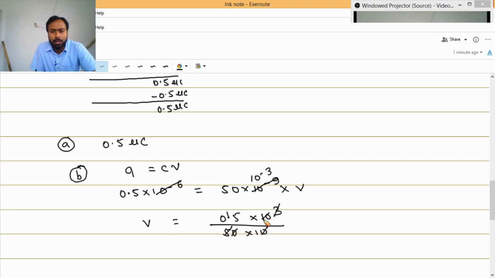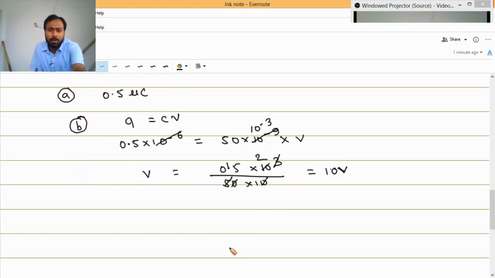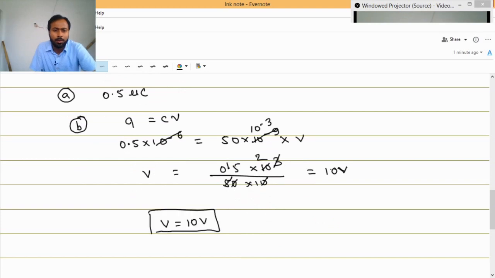These two terms cancel, so the value will be like 2, and 5 into 2 is 10 volt only. In this way the potential difference developed between the plates of the capacitor will be 10 volt. So in this way we have completed our 34th problem.